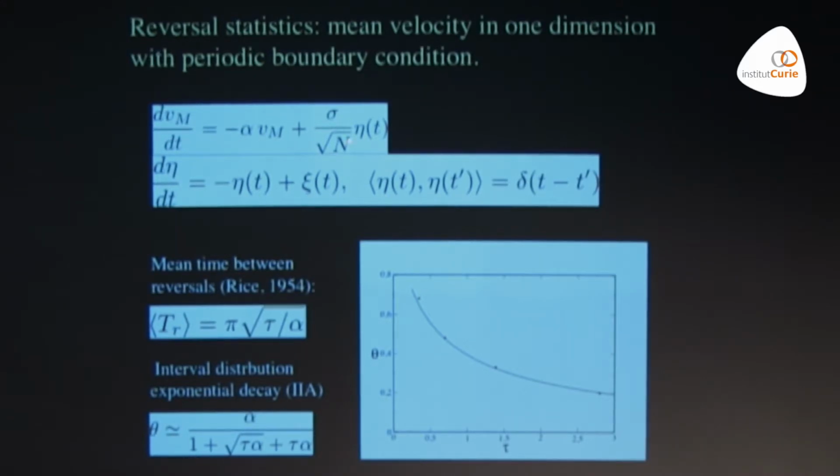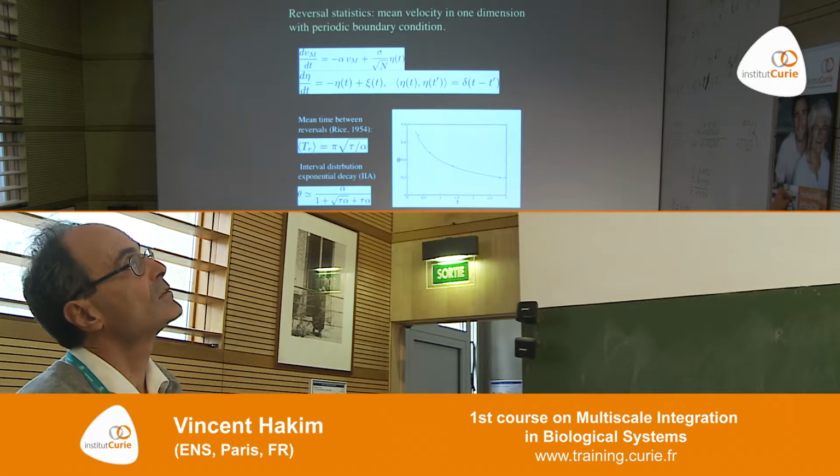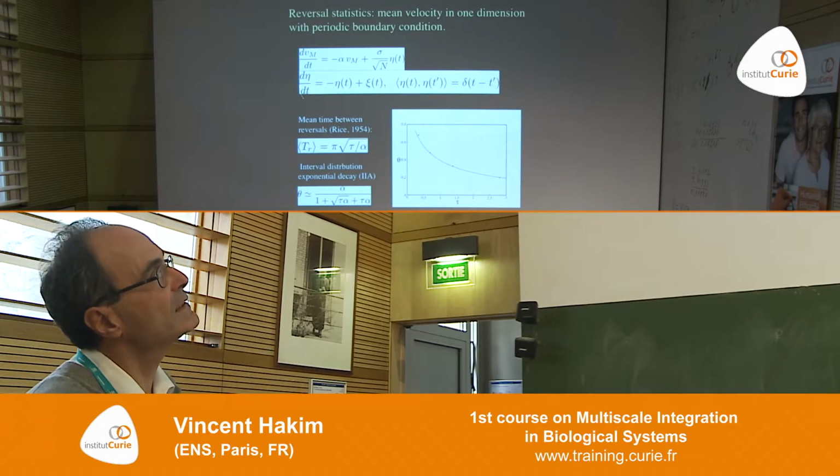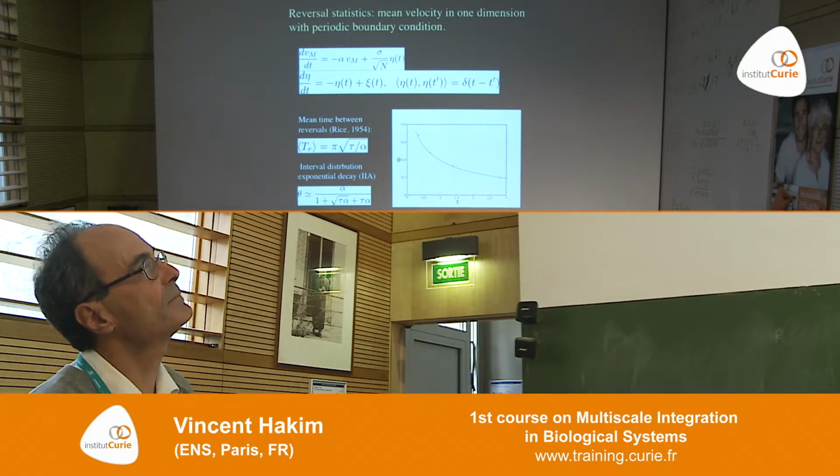And then we have just that the mean velocity is an Ornstein-Uhlenbeck process. So this is exact. There is no approximation here. Not really Ornstein-Uhlenbeck, because the noise itself is colored here, but at least we have these two equations.